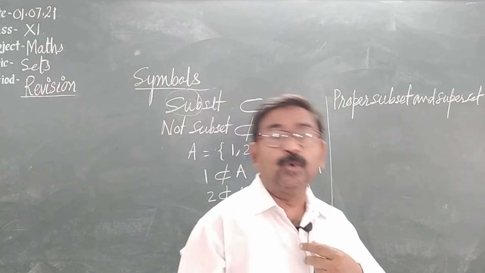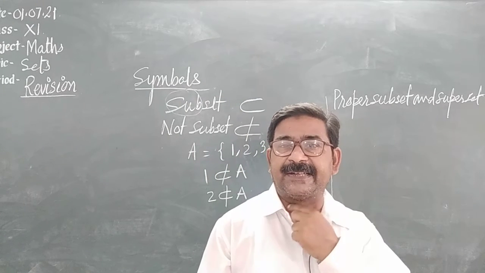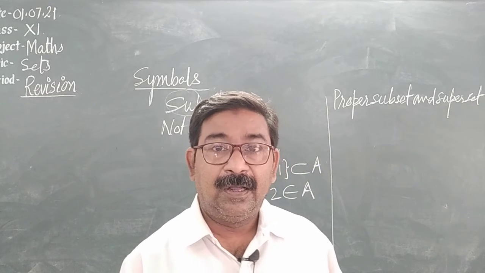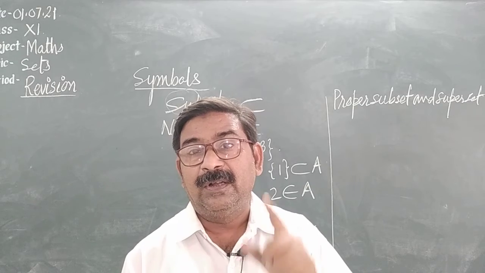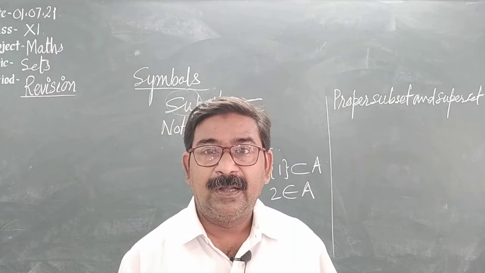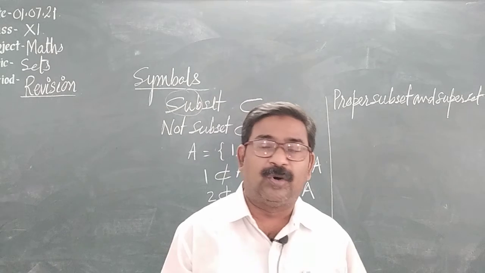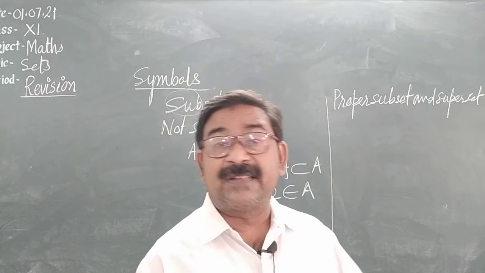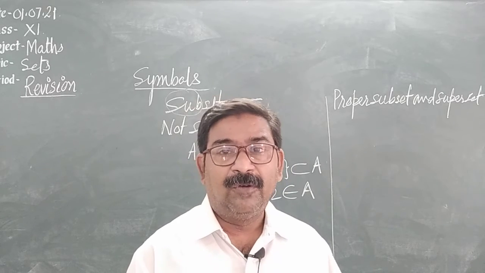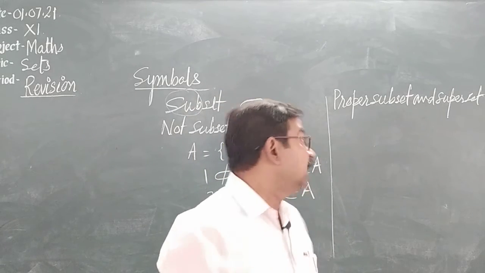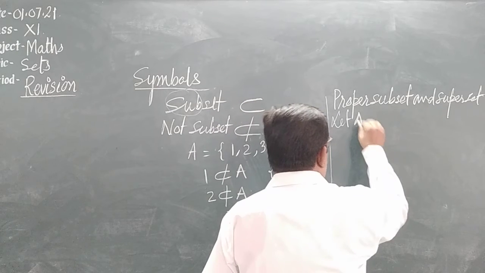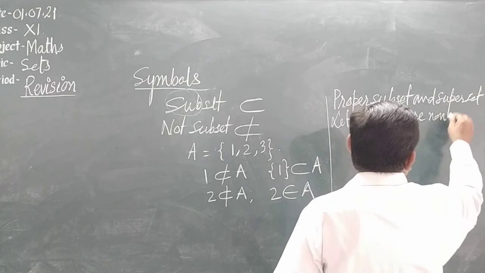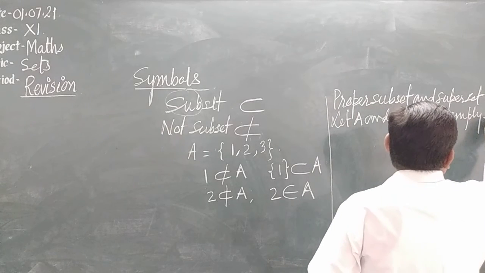If two non-empty sets are given, and the first one is a subset of the other and the two sets are not equal, then the first is called the proper subset of the second and the second one is called the superset of the first. Let me explain. Let A and B be non-empty sets.